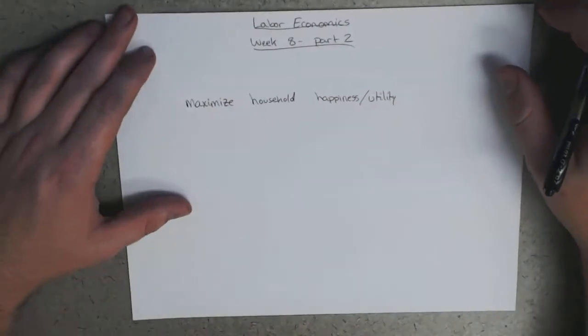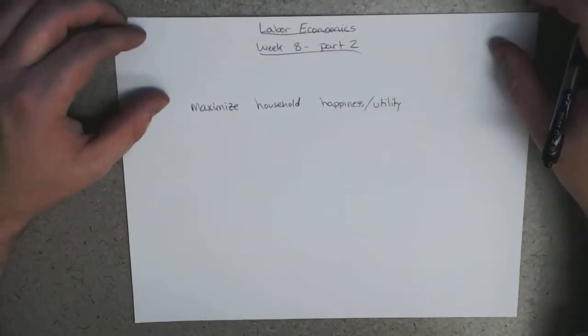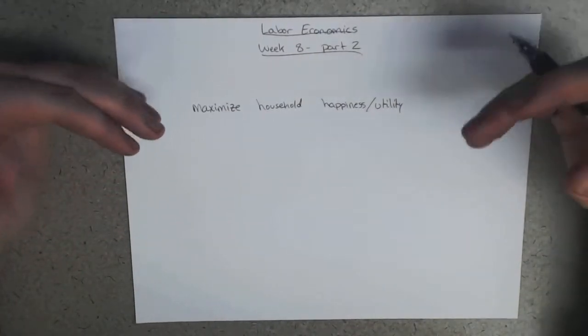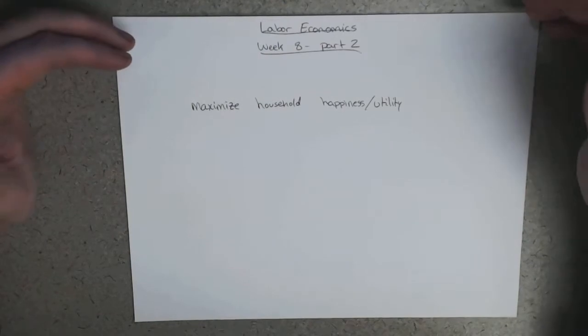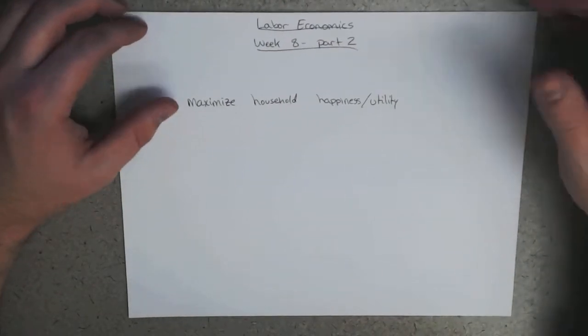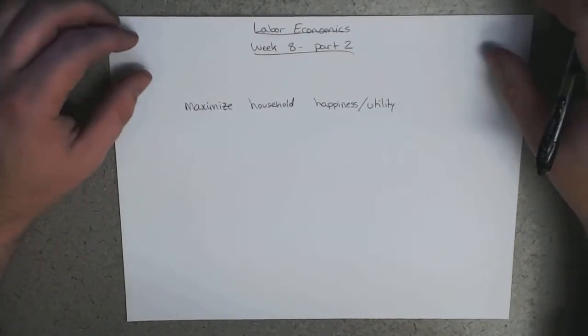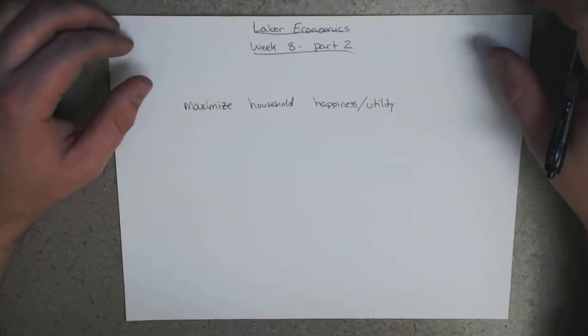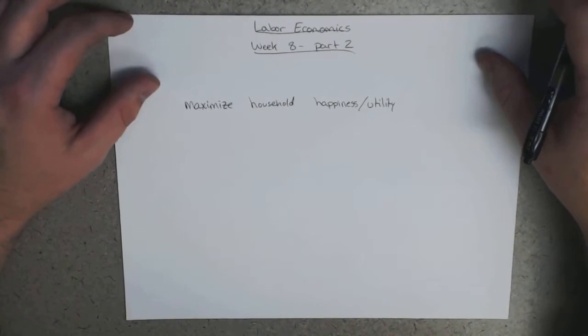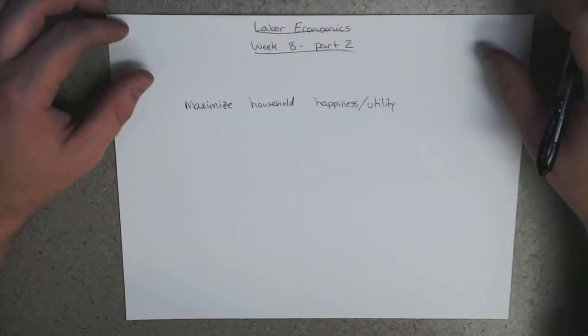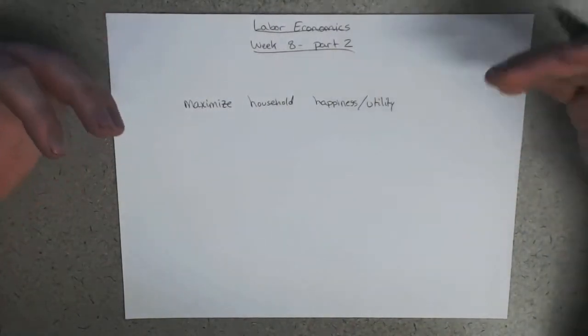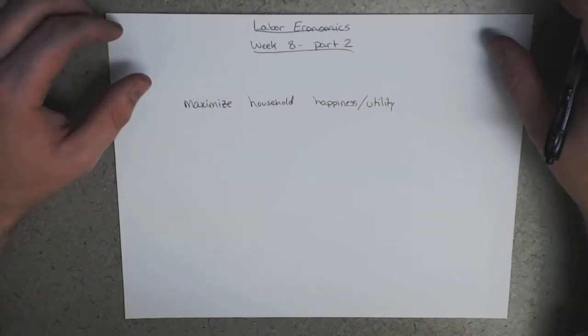Essentially, we want the total amount of happiness of all the people in the household combined to be as great as possible. In other words, we're saying that spouses or partners care about one another, and if they have children, the parents care about the children as well.